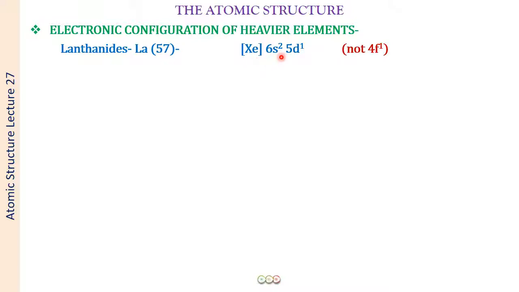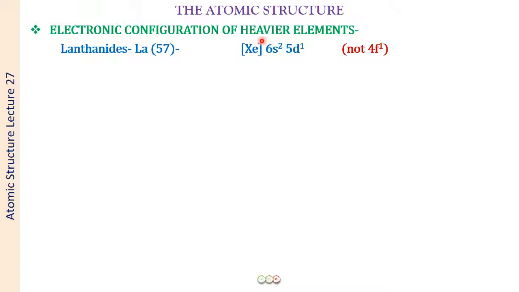The first 2 electrons go into 6s2 because 6s2 has a lower n plus l value than 5d. The next electron would go into 4f because 4f and 5d have the same n plus l value, right? But you have to remember that before the filling of 4f, one electron has to go into 5d, right?